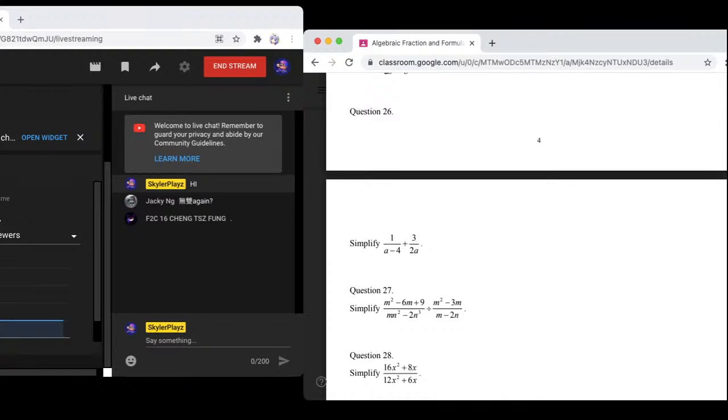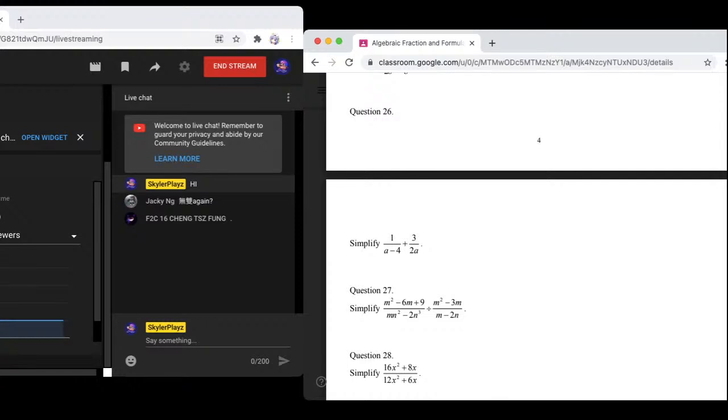Then 2a plus 3(a minus 4) over 2a(a minus 4), and then we combine them together to become 8a divided by 2a(a minus 4), cancel common factor 2a, so final answer 4 divided by (a minus 4).